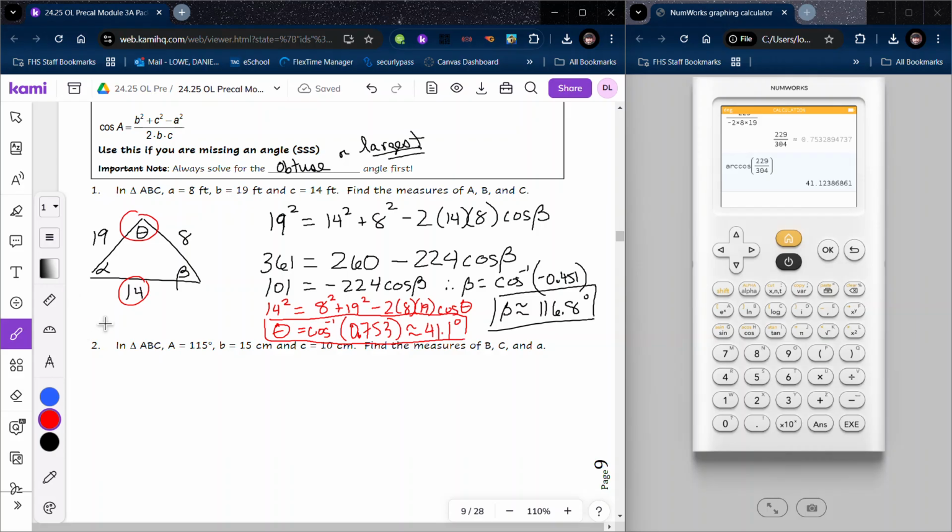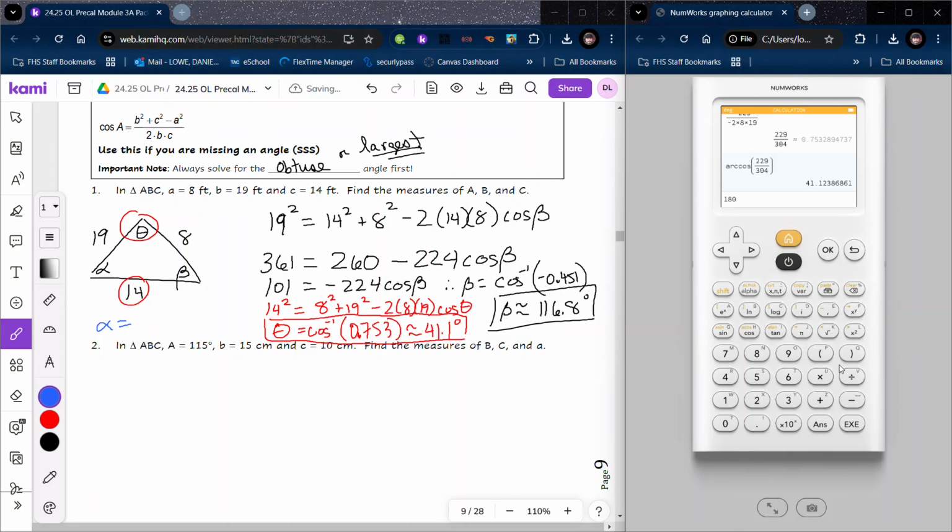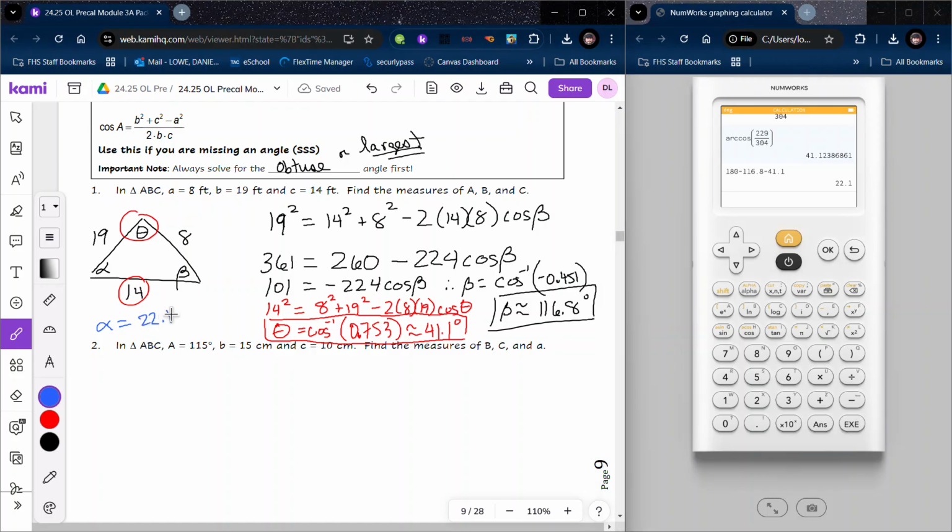And that leaves me trying to figure out alpha, but I know alpha is going to be based on angles adding up to 180. So 180 minus 116.8 minus 41.1, and that gives me 22.1 degrees. So I have my three angles, right?